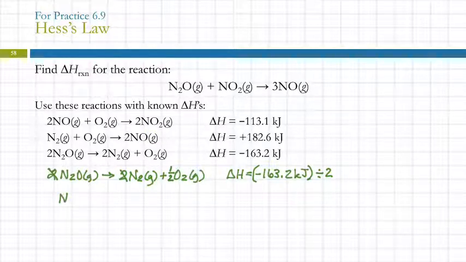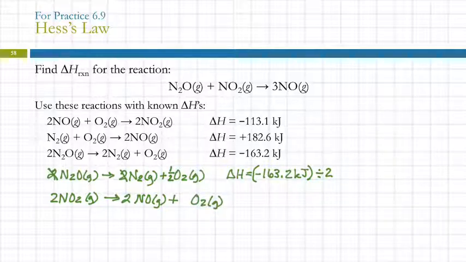So 2 NO2 goes to 2 NO plus O2. So I took the equation and wrote it backwards. What do I do to delta H? Change the sign. So this is going to be plus 113.1 kilojoules.